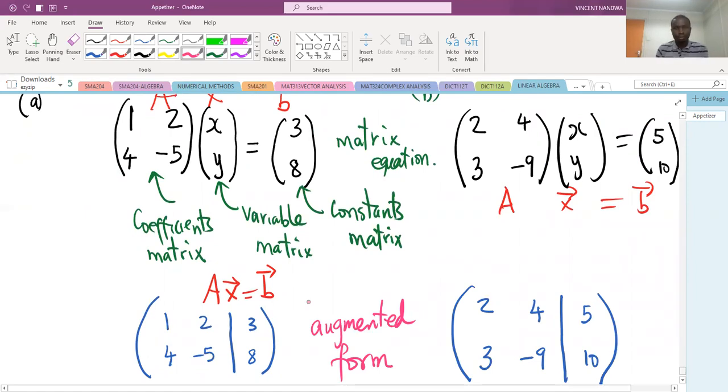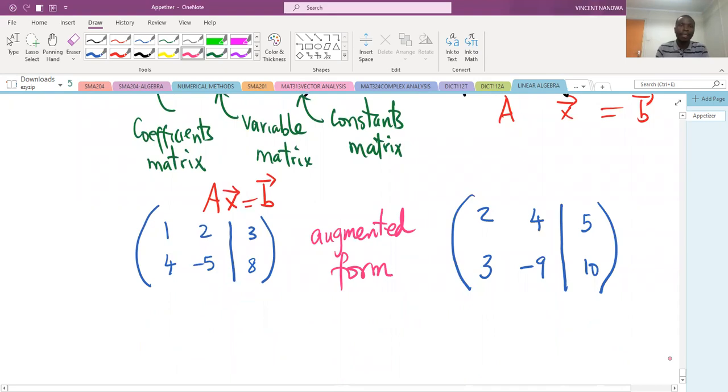And so once you have mastered the concept of writing a system in matrix form, then augmented form is very easy. Just take the coefficients matrix, separate by a vertical line, and on the right you write the constants vector. Or sometimes people write this as a dotted line.